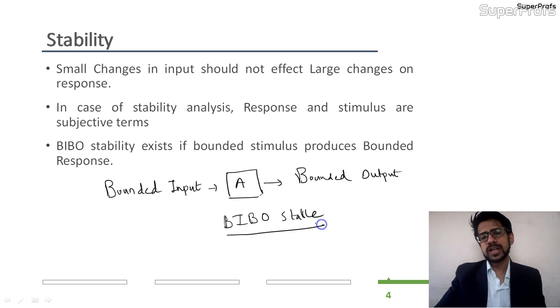So this is one of the definitions of stability. We will be encountering BIBO stability, or a lot of stability analysis in terms of bounded input and bounded output.